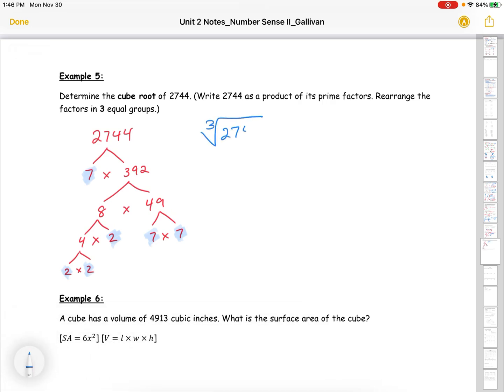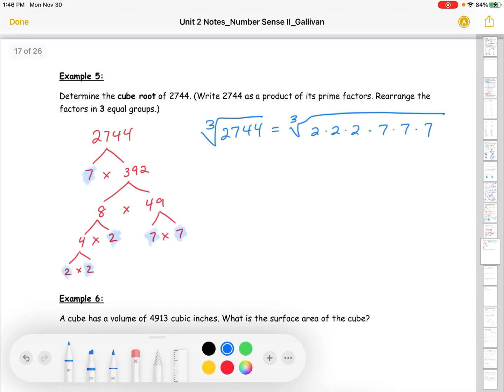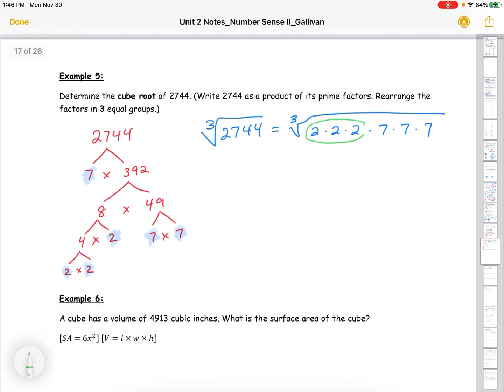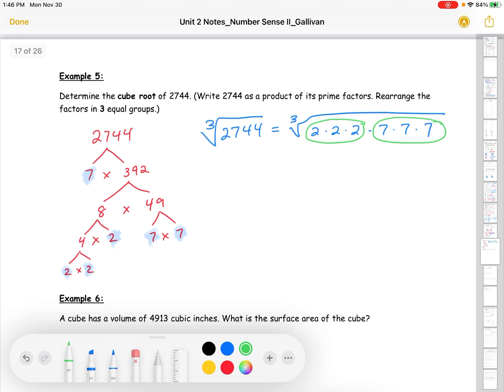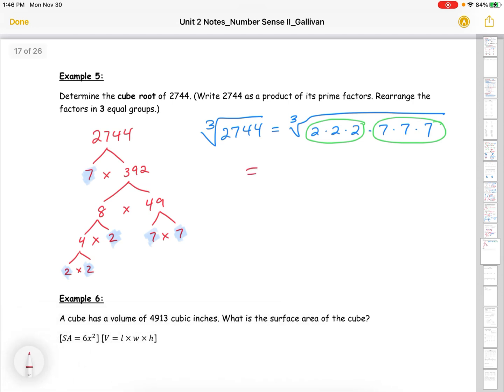So we're finding the cubed root of 2,744. So it's the cubed root of, let's write them in order, 2 times 2 times 2 times 7 times 7 times 7. Now let's circle our triplets or our trios. I'm going to get a 2 and a 7. So this will equal 2 times 7, right?